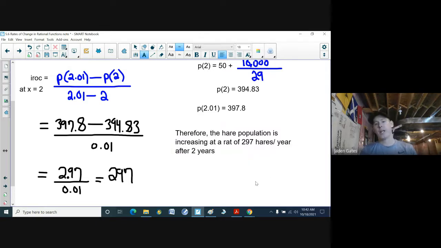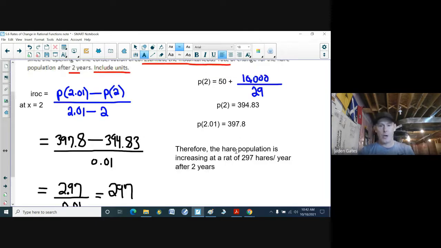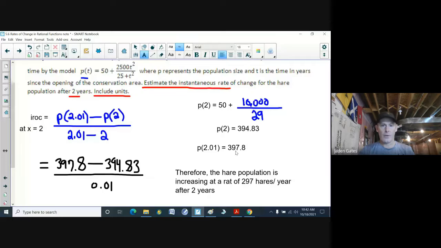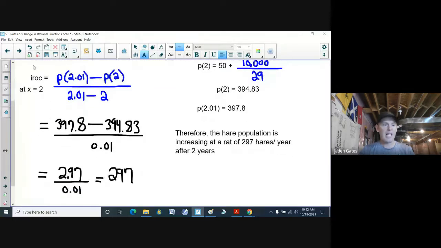So this is saying that the population is going up after 2 years by 297 hares per year. And there we go. So there is a rate of change, instantaneous rate of change, I should say.